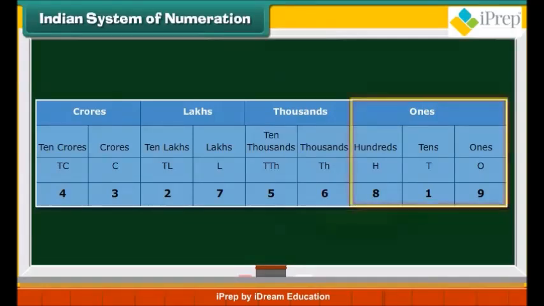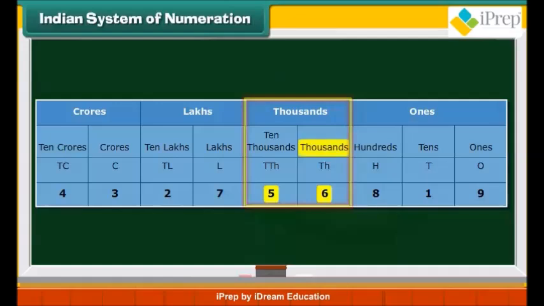Let us look at the Indian place value chart in detail. The ones group has 3 digits 9, 1 and 8. Each of these digits has a specific place. They are ones, tens and hundreds. Similarly, the thousands group has 2 digits 6 and 5.